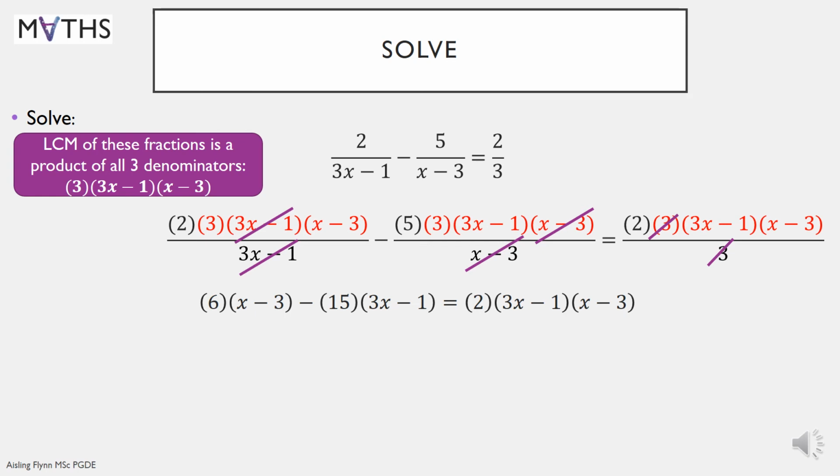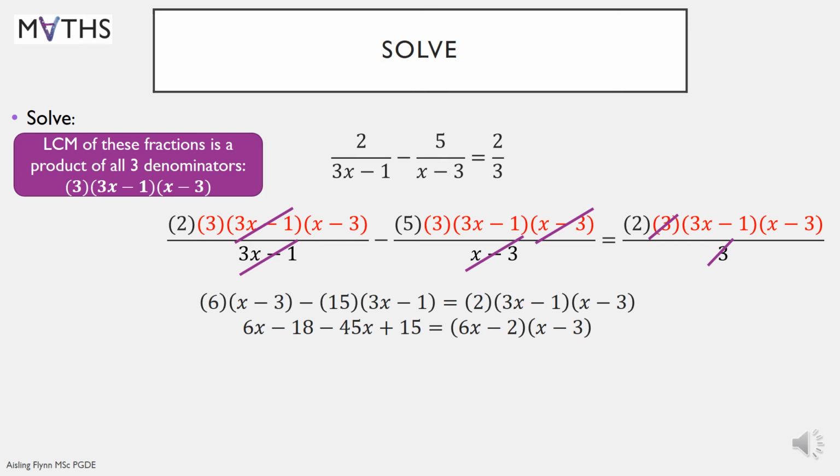Okay, so a bit more to do on the right hand side. So let's develop that more. Multiplying in the 6, you get 6x minus 18. And now we have to take away 15 times that bracket. So this minus must be used with the 15 2 times because it's a 1 by 2 multiplication.